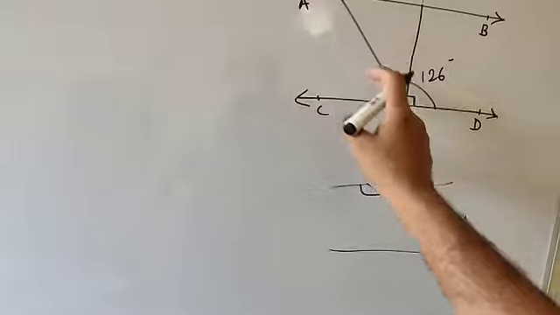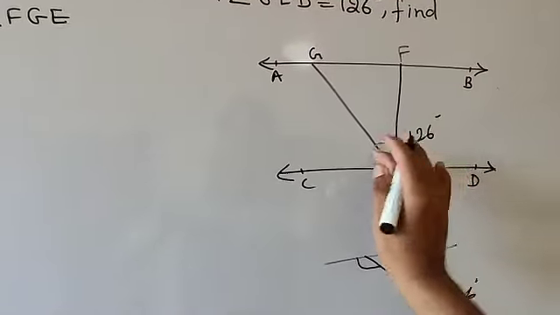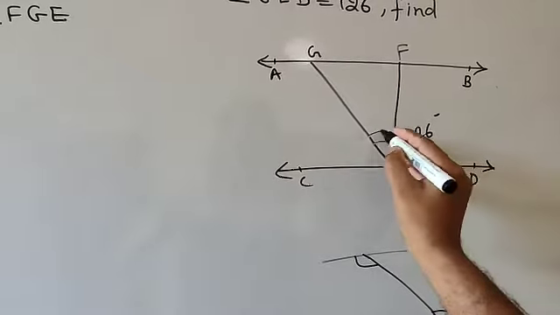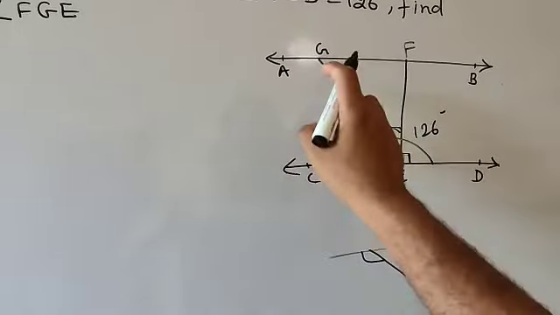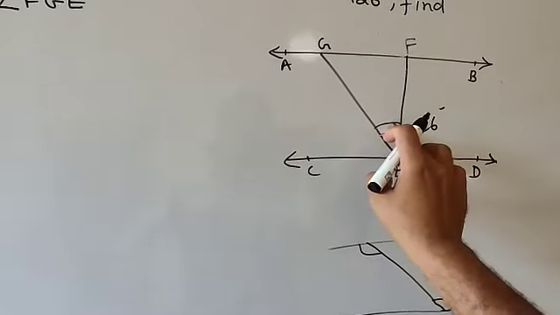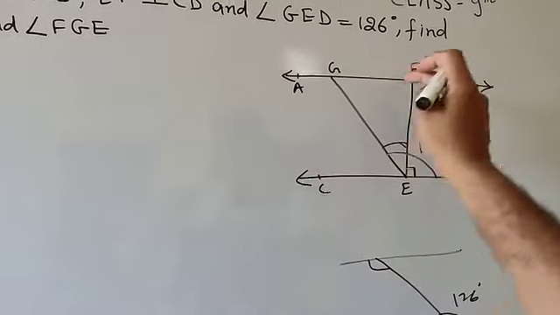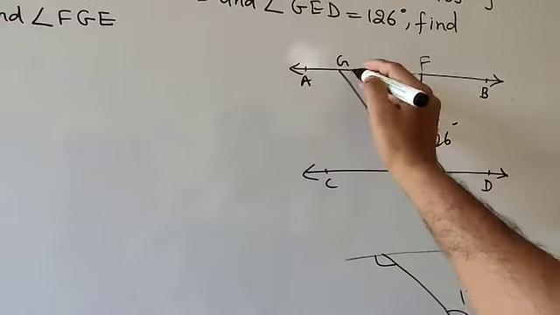Then you need to find angle GEF. Students, if it is 90 degrees and this is 126 degrees, then what will be angle GEF, this angle? Angle GEF equal to 126 minus 90, then you will get angle GEF. Then you need to find angle FGE, this angle.